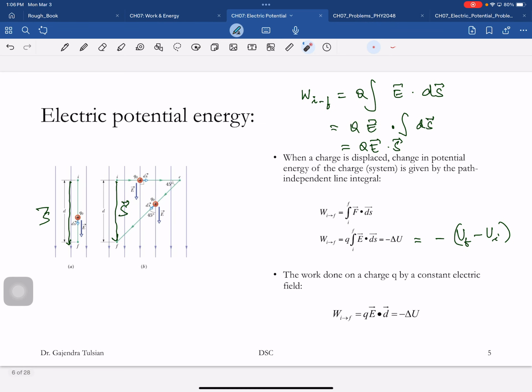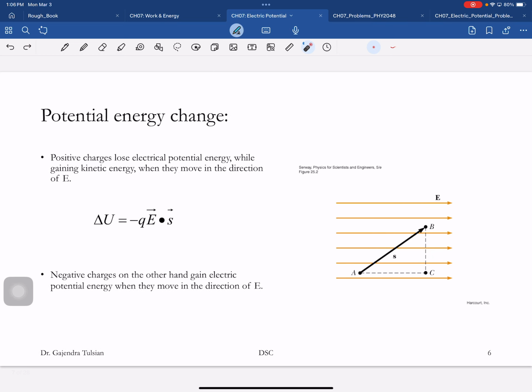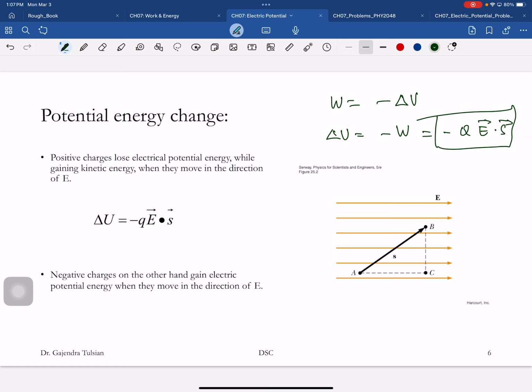I showed you that the work done by this constant electric field is just QE dot S. So when the electric field is constant, the work done is QE dot S. So the work done is delta U, and so delta U is minus W, which is minus QE dot S. And that's what this is telling you.